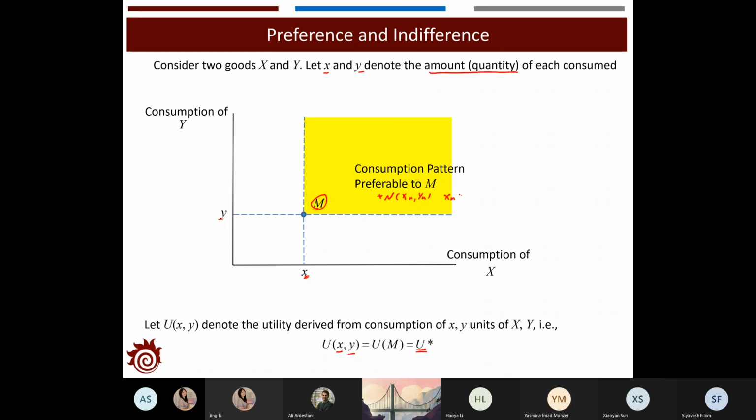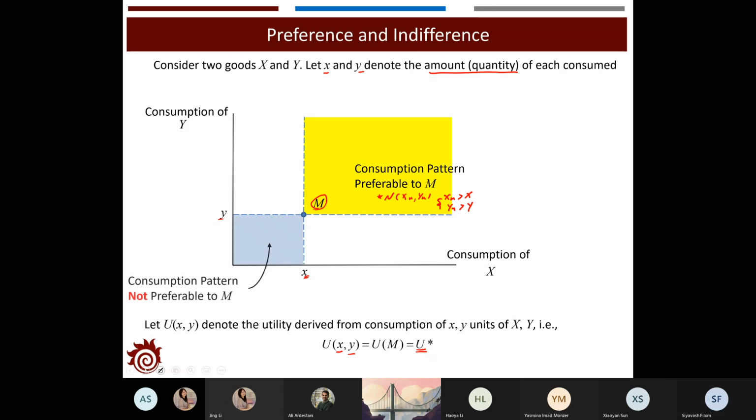So xn is higher than x, yn is higher than y. With these two conditions, any rational user is going to take the point n instead of m, because they will always get more products in both x and y. So that's one. That's called the preferred region.